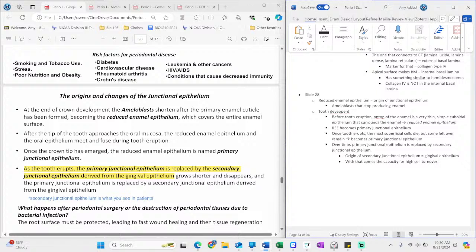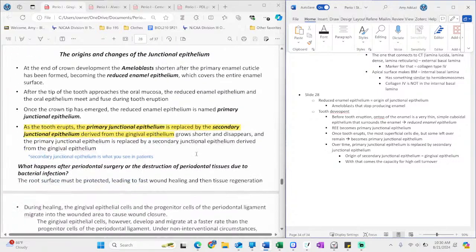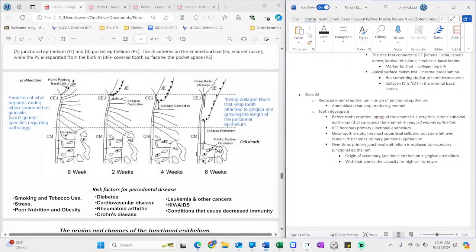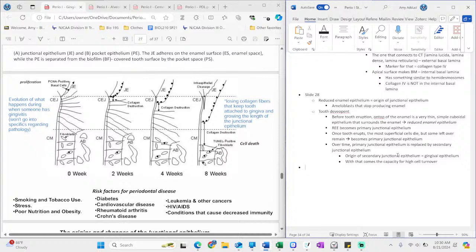So, this brings me to a new part, and it is this picture here. When you have periodontal disease, one of the first changes that you are going to see is this. Every black dot here represents cell proliferation. But one of the first things that happens when gingivitis is established and periodontal disease is going to start is the overproliferation of the junctional epithelium.